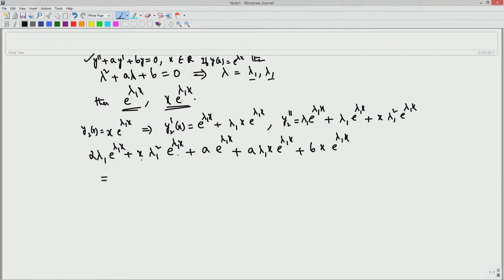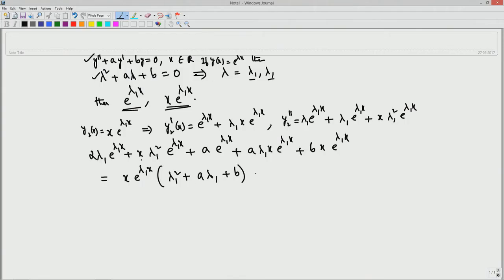This is equal to, so x into e power lambda 1 x, you take it out. If you take it out, you get lambda 1 square plus a lambda 1 plus b. We know that this is 0, because lambda 1 is the root of this equation.